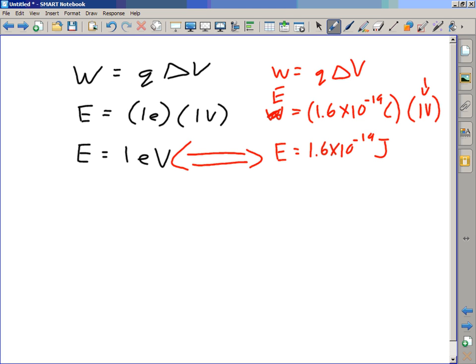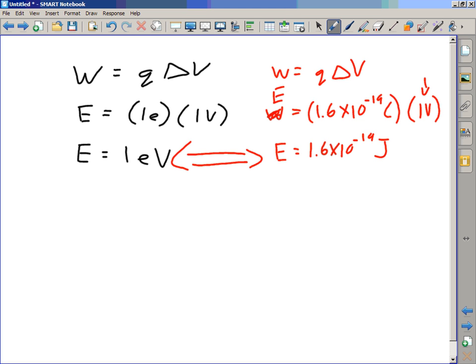So they're not exactly equal to each other. You've got this charge idea that you have to throw in there. It's like the volt that passes through an electric field. Where's the voltage energy from? It actually gets it from the charge itself, dealing with electric fields. Now this is the conversion factor that you can use here.